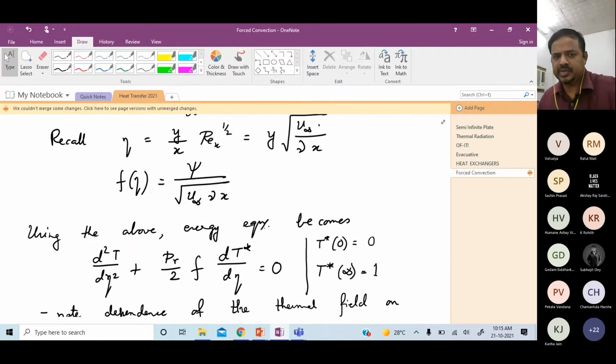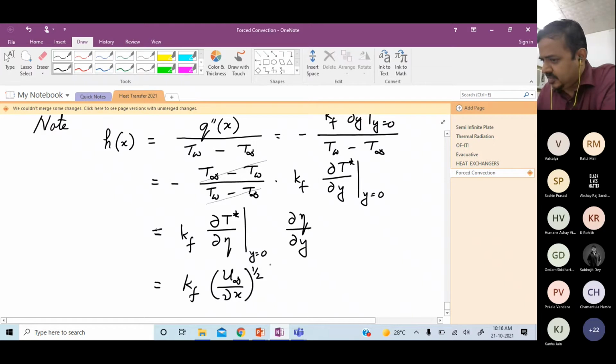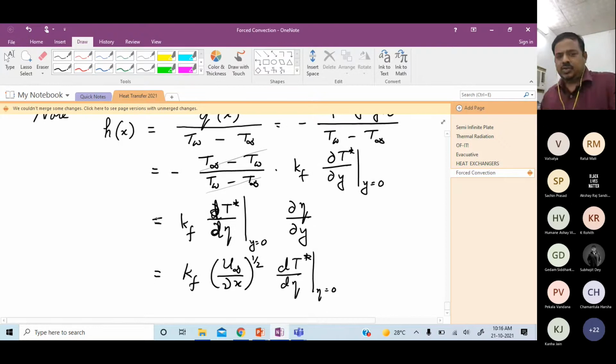We'll put it back. And what you get is therefore kf U infinity over nu x to the power half times, sorry, this is dT star d eta at eta equal to 0, because y equal to 0 is eta equal to 0. So we are very close.